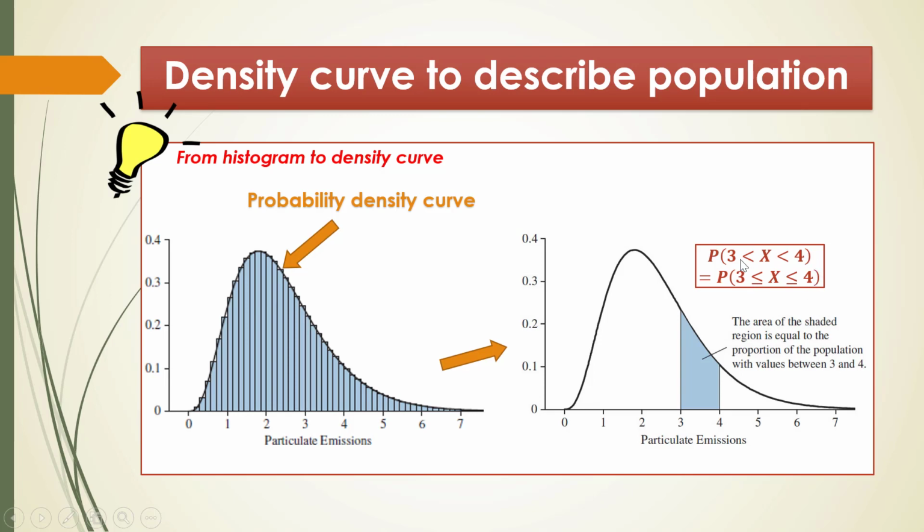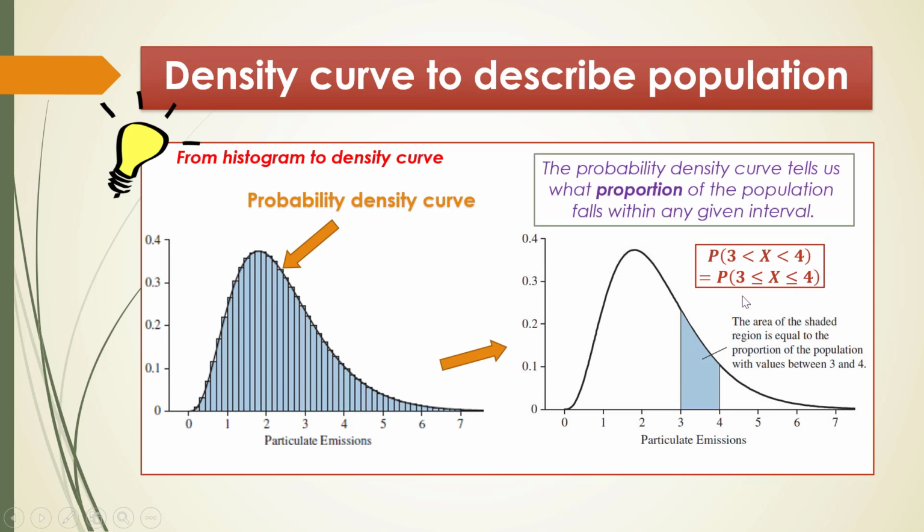Remember, the density curve and the histogram are used for a continuous dataset. For a continuous dataset, we don't differentiate between the strict and non-strict inequality here, because the probability at a single point is always 0. That means the probability that x equals 3 or that x equals 4 is 0. So the equal sign here doesn't matter.